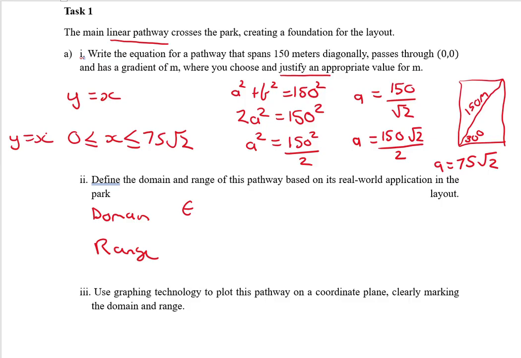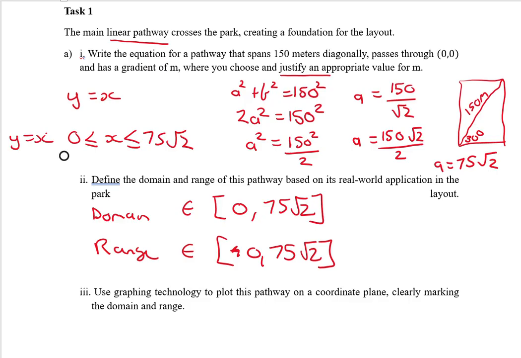So the domain elements are going to be equal to 0 all the way up to 75 square root 2. And the range elements are going to be 0, comma, 75 square root 2, using the appropriate brackets. Some people lost a mark because they went into the negative area with the domain and range.